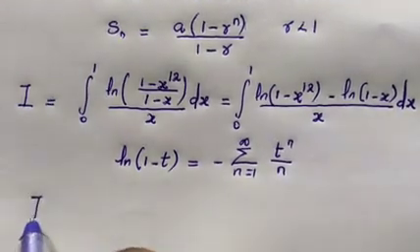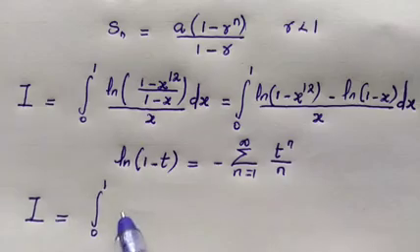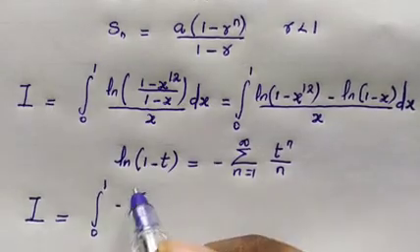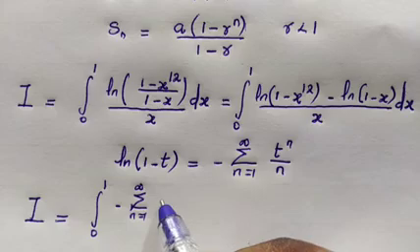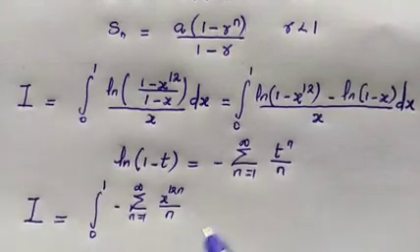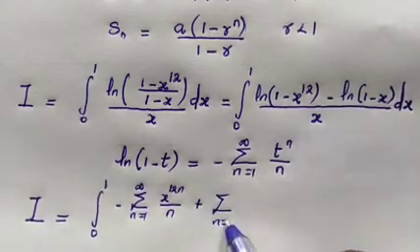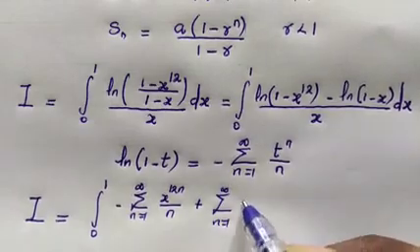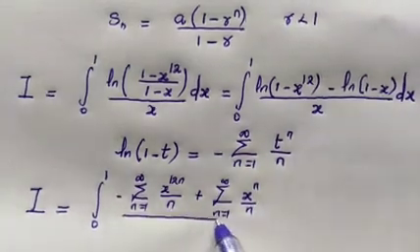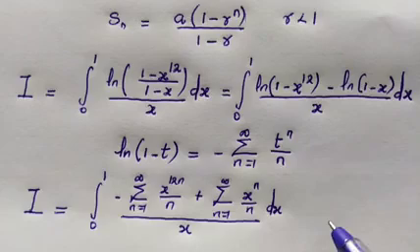Therefore, our I is going to be equal to the integral from 0 to 1. So here we're going to have the negative sum as n moves from 1 to infinity of x to the power of 12n, right, then divided by n. With this negative sign, this one will be positive, sum as n goes from 1 all the way to infinity of x to the power of n divided by n. So don't forget, we have a denominator which is x, and therefore we have dx.